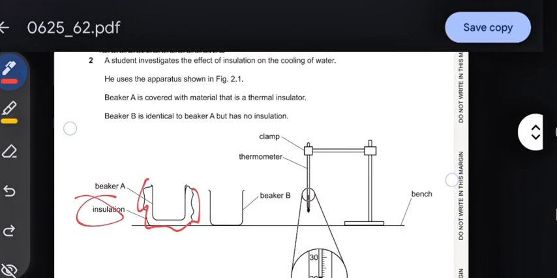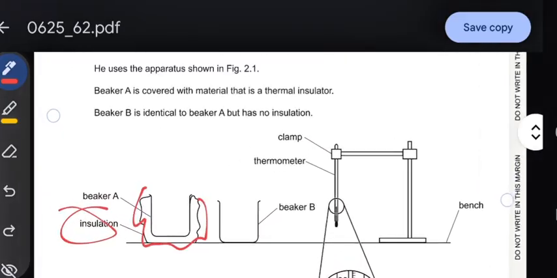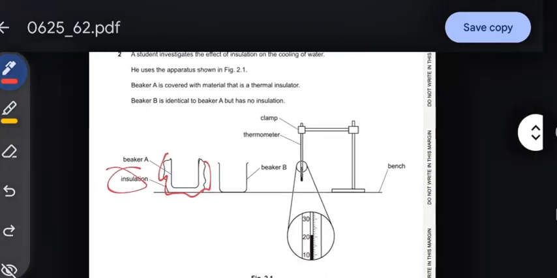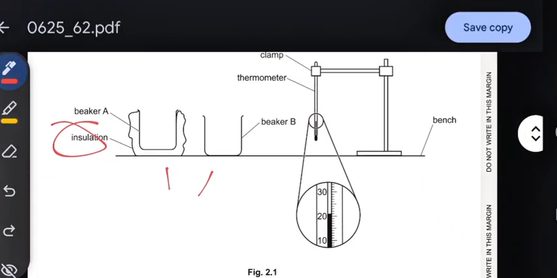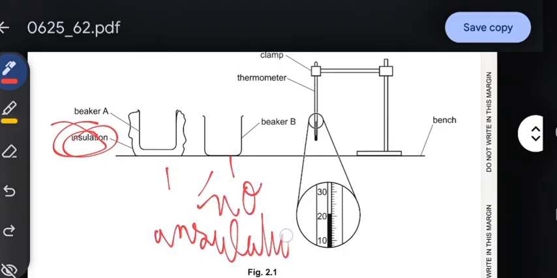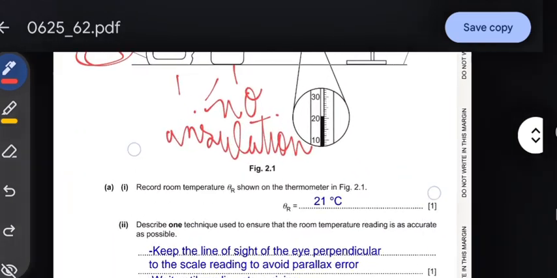Beaker B is identical to beaker A, but it has no insulation. So you can see the only difference between these two beakers is that this has insulation and this has no insulation.